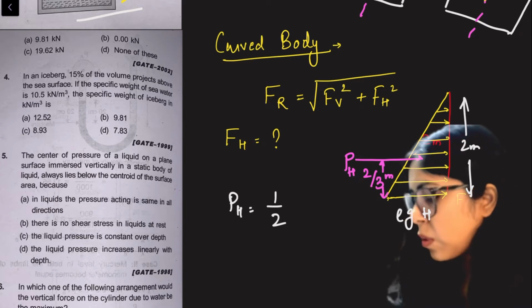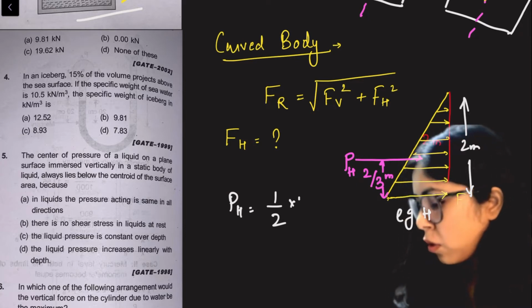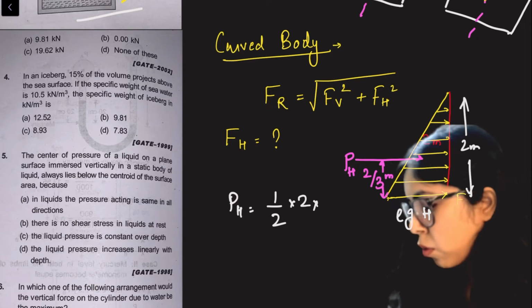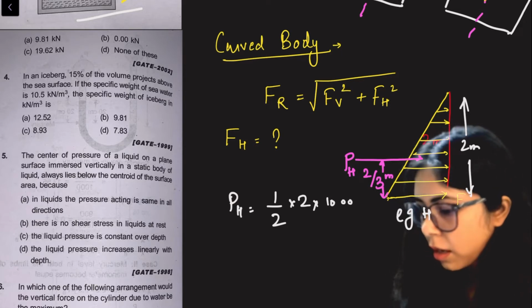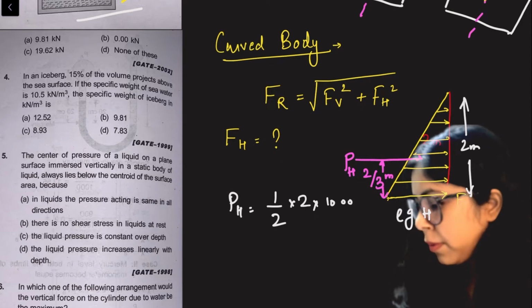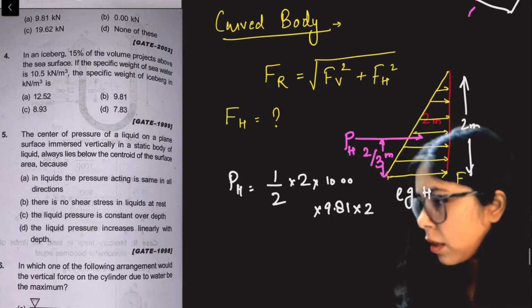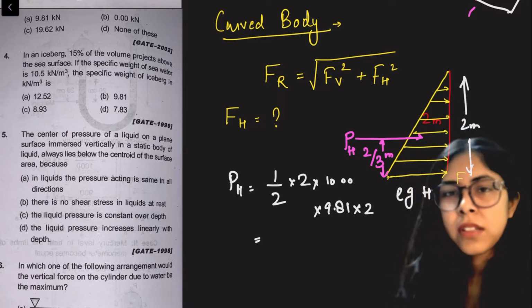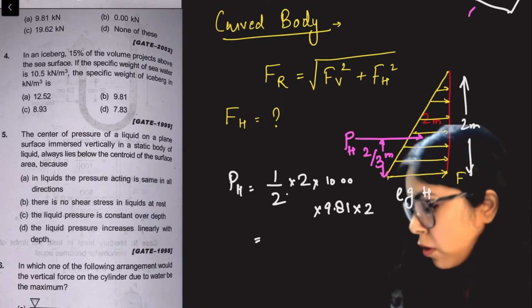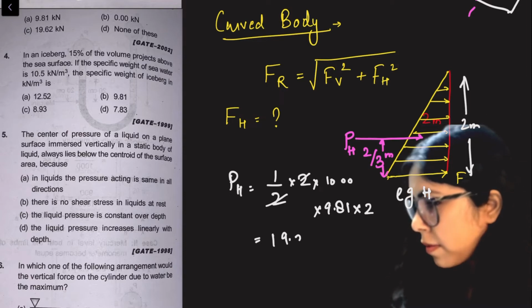That means 1/2 into 2 is the width into rho, that is 1000 into g 9.81 into height 2 meters. If I change it to kilonewton, it comes to something like 19.62 kilonewton.